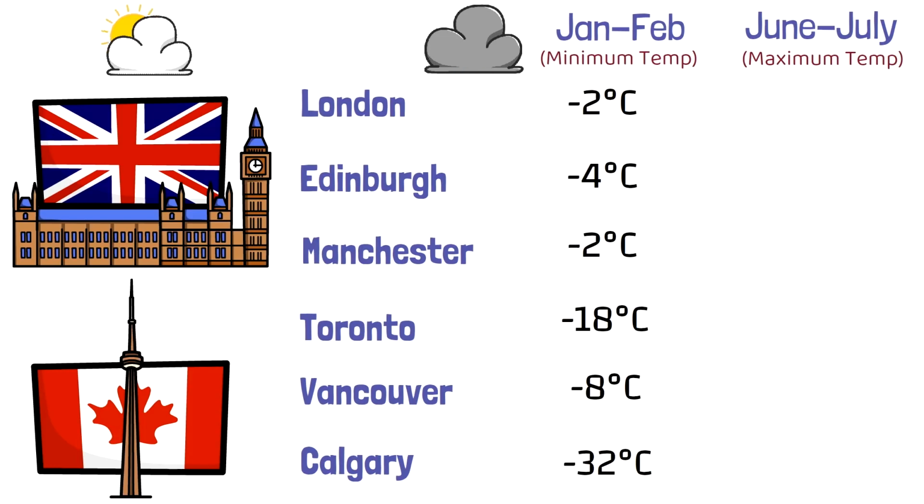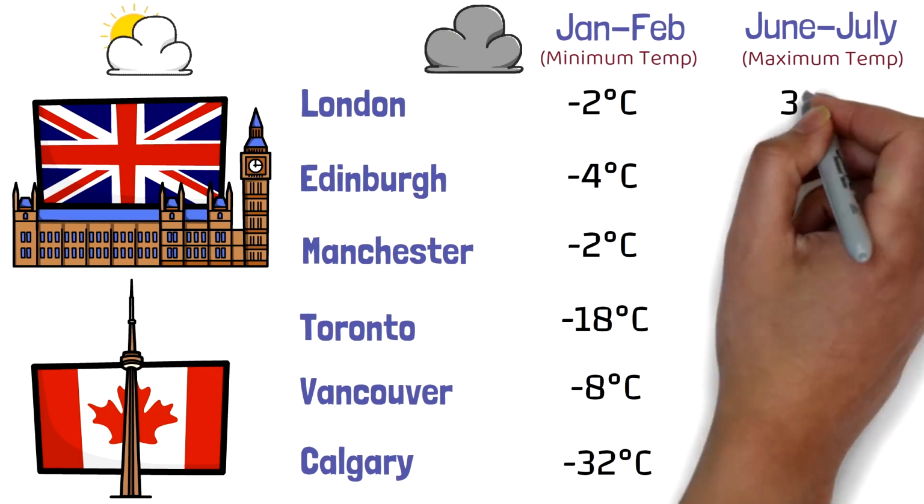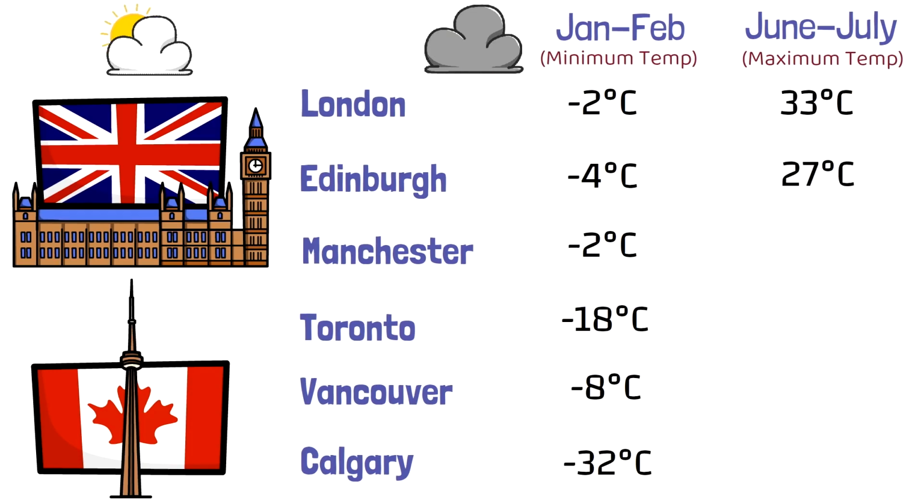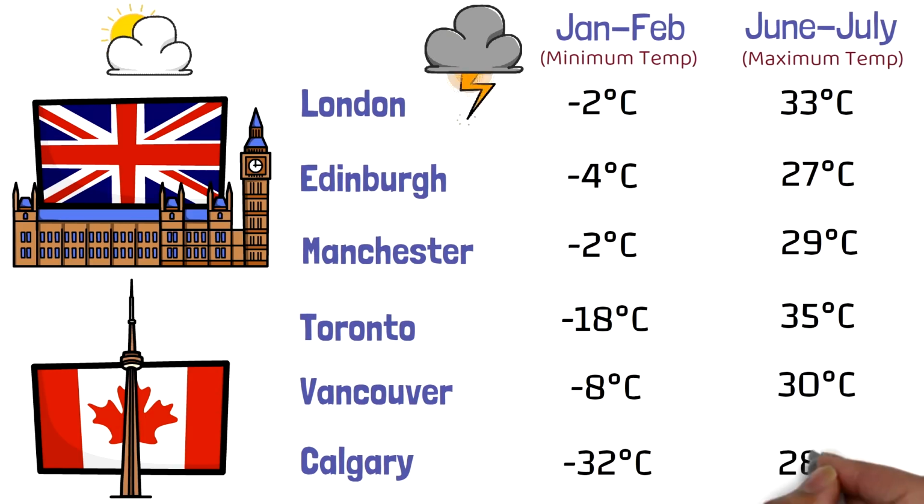Talking about summers, in London the maximum temperature goes around 33 degrees Celsius, in Edinburgh around 27 degrees Celsius, Manchester around 29 degrees Celsius, in Toronto around 35 degrees Celsius, Vancouver around 30 degrees Celsius, and in Calgary around 28 degrees Celsius. So overall we can say that obviously Canada is much colder in the months of January and February. It is also a lot warmer in the months of June and July.